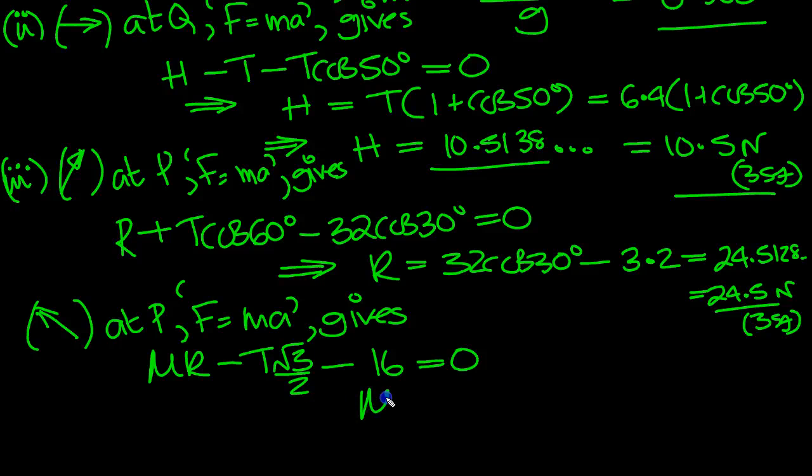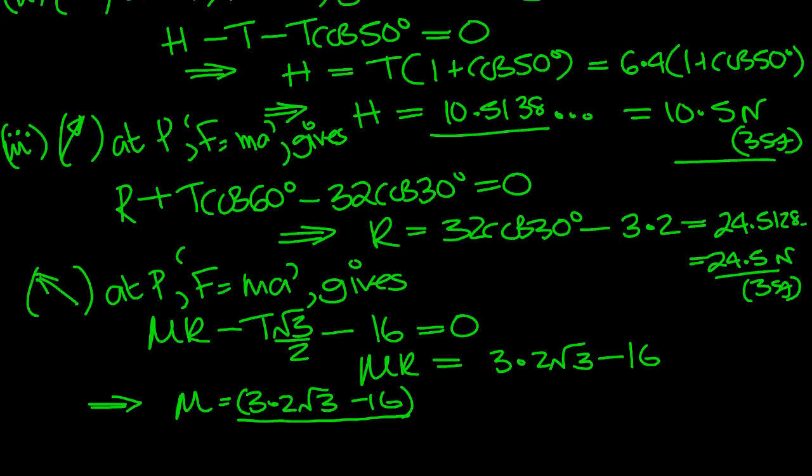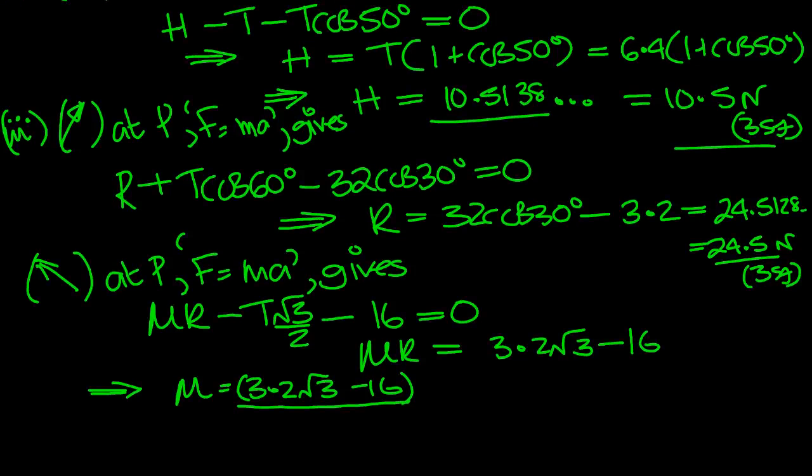So mu R then is equal to tension, 6.4, over 2 is 3.2, root 3, minus 16. So that tells us what mu is. Mu is equal to 3.2 root 3 minus 16, all divided by R, which is 24.5128.